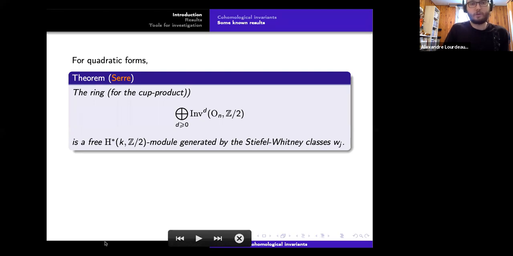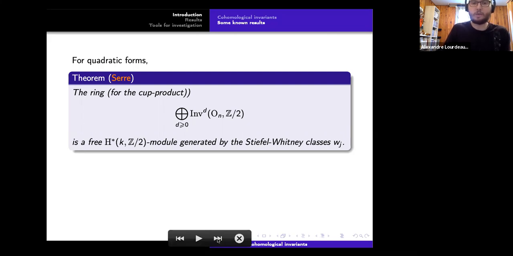For quadratic forms, if we take the direct sum of the degree g invariants of O_n, and we see it as a ring for the cup product, well, we get a free module generated by the Stiefel-Whitney classes w_g with coefficients in the constant invariants, so the cohomology of the base field.